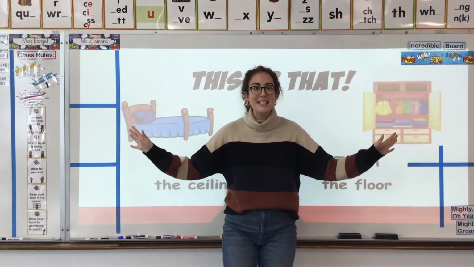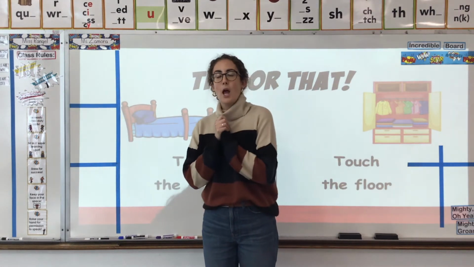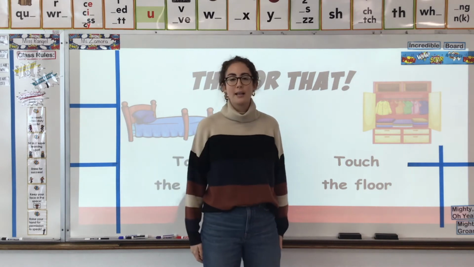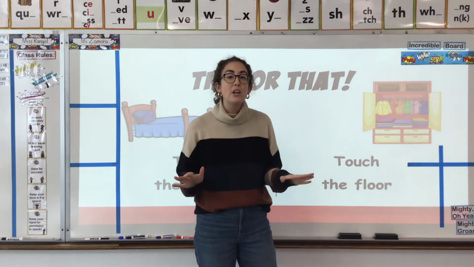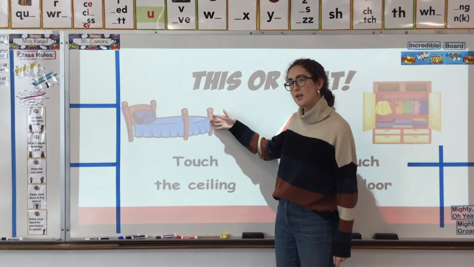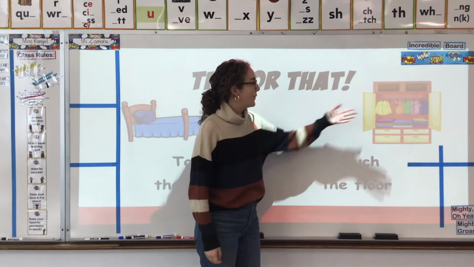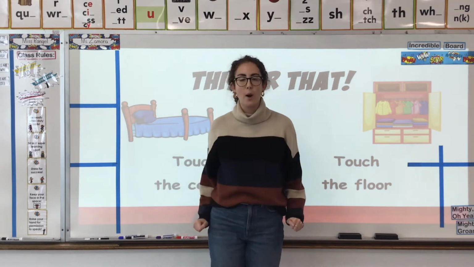And after we reset, we get to move our bodies. So, come on, stand up with me so we can do another this or that. So, 2nd grade, if you're playing hide and seek, where do you think would be a better hiding spot? Under your bed, if so, you're going to touch the ceiling, or in a closet, if so, you're going to touch the floor.